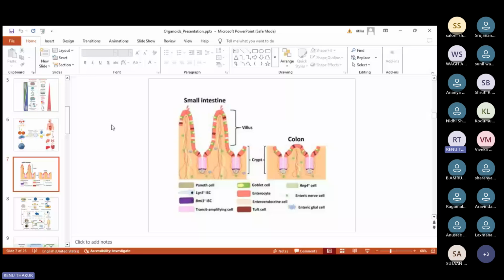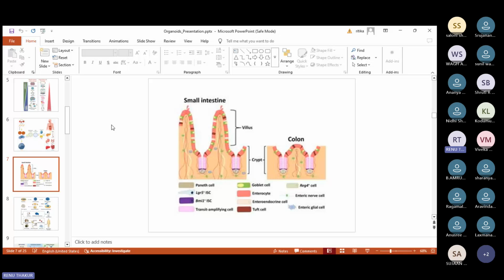Again, self-renewal and differentiation. The presence of intestinal stem cells allows organoids to self-renew and differentiate into different cell lineages, maintaining the epithelial layers and continuous turnover. If we talk about the applications, again there is disease modeling.